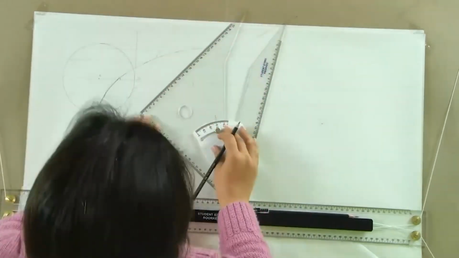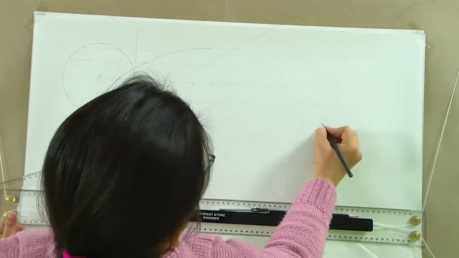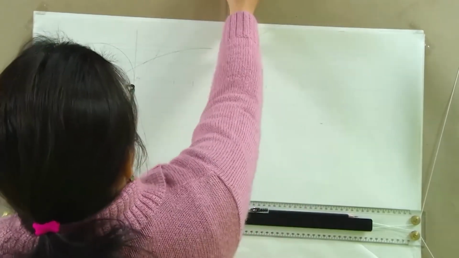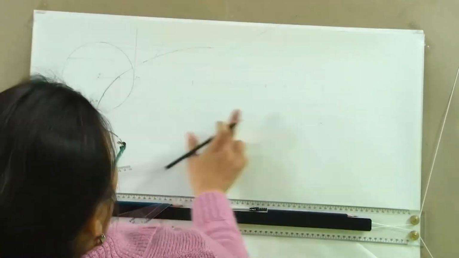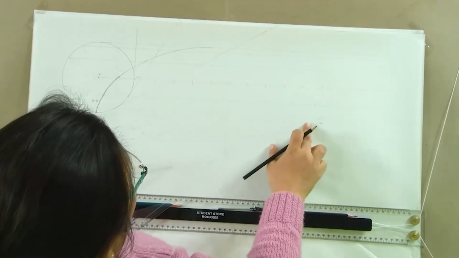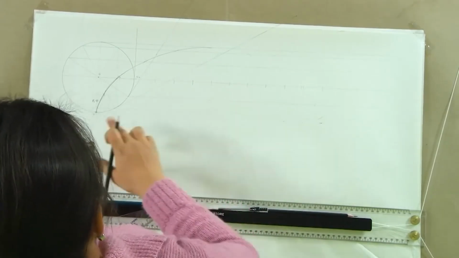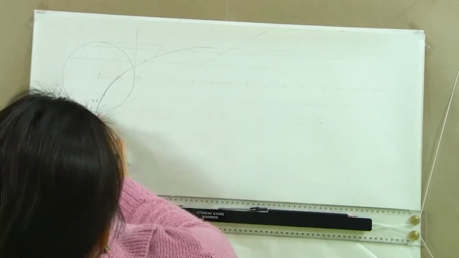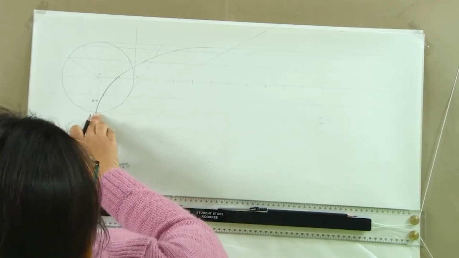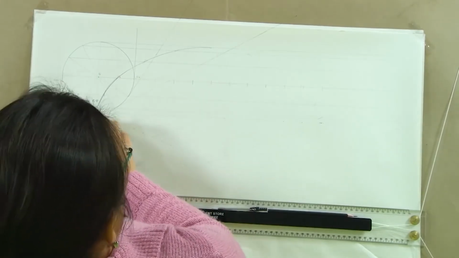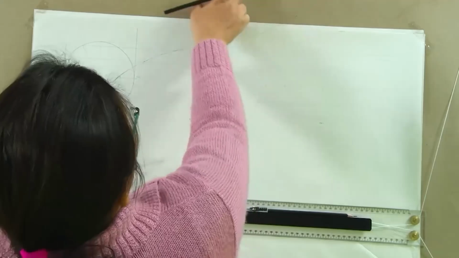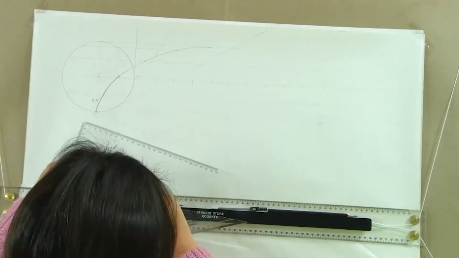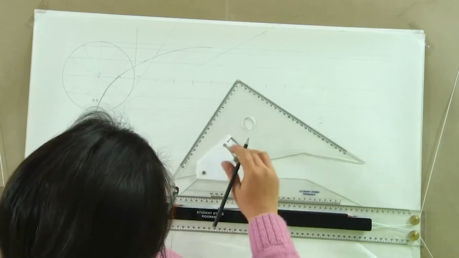Probably we would be running out of this, and then like this we would keep drawing, marking the points on these tangents equal to one length less. And as we again come back to this point, of course we have exhausted all the lengths, so we will be at the same point, and what we will get here is the involute of the circle. That's how the involute of the circle has to be drawn.